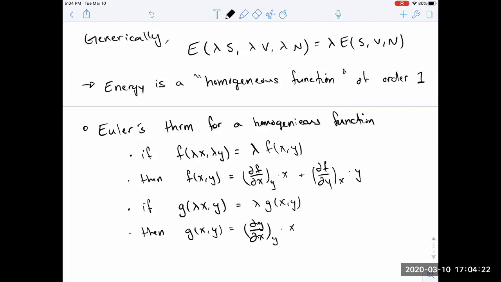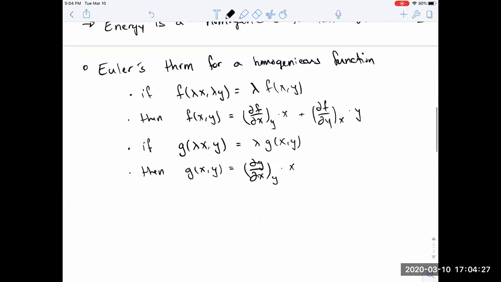For us, this actually gives us a way of writing down the energy in a simple way.